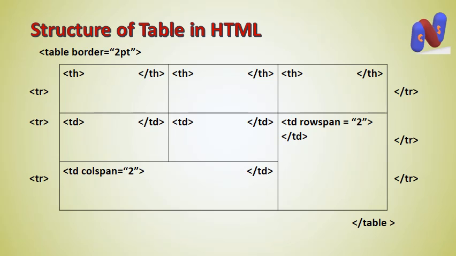Okay, so I have used 3 opening th and 3 closing th to define 3 column names. Okay, it defines 3 different cells for column names. After that I have closed the tr with the help of the closing tr tag.